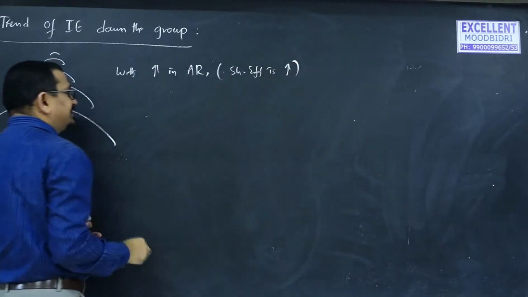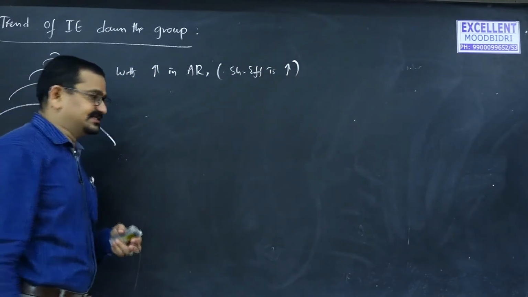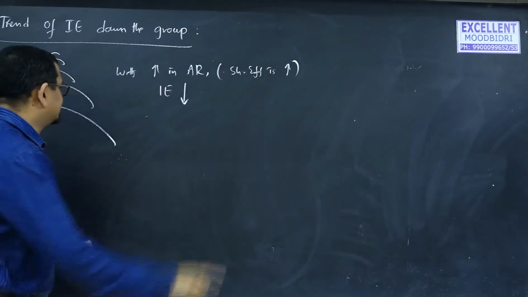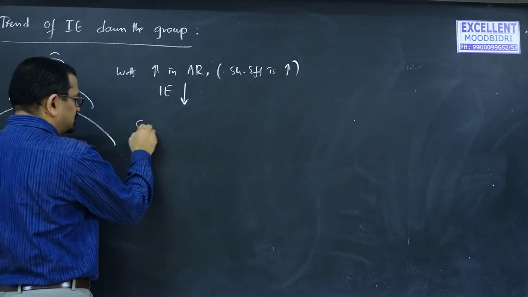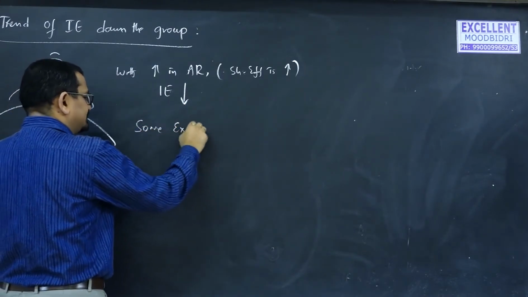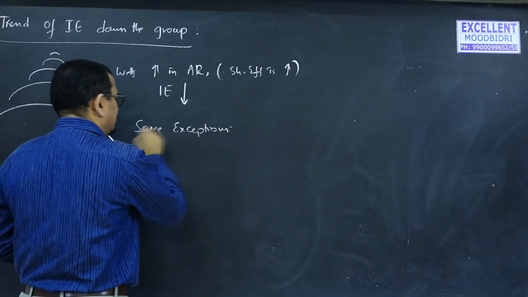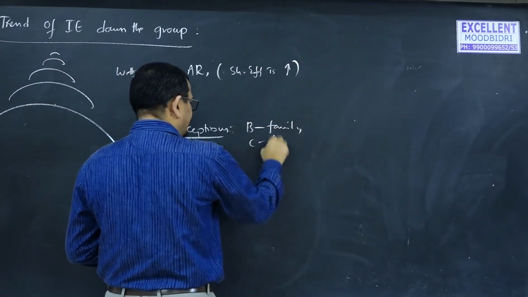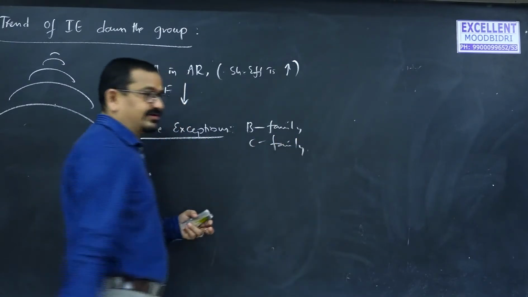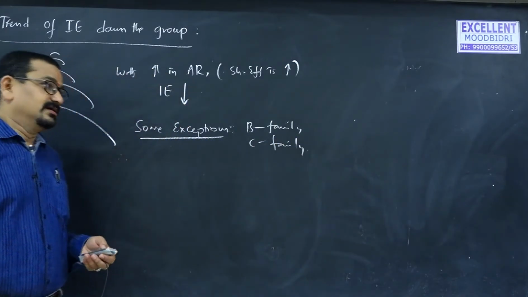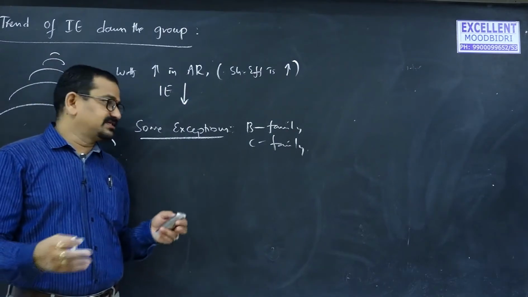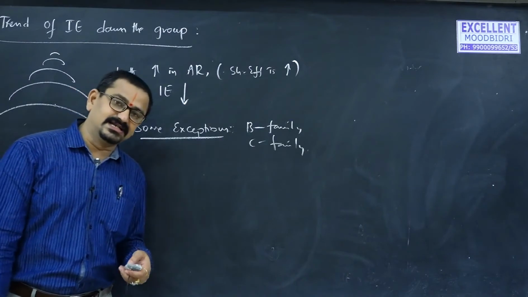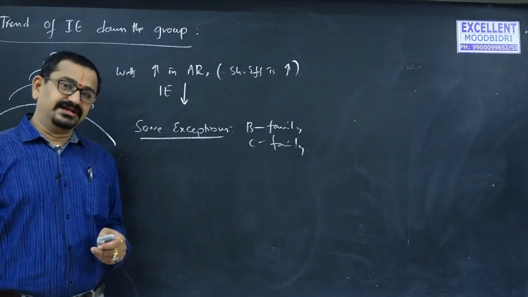So as the shielding effect increases and atomic radius also increases, ionization enthalpy decreases down the group, and there are some exceptions also. For example, the boron family and carbon family. In the boron family and carbon family, there are some exceptions, and there are so many numerical questions and multiple choice questions possible from this concept, which we will discuss in our JEE and NEET level coaching.